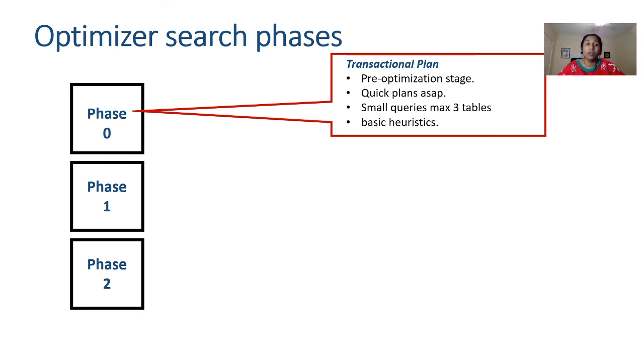These plans are created very quickly, needing only very basic heuristics, like the query as well as the table definitions. And these execution plans are created for very small queries with a maximum of 3 tables.